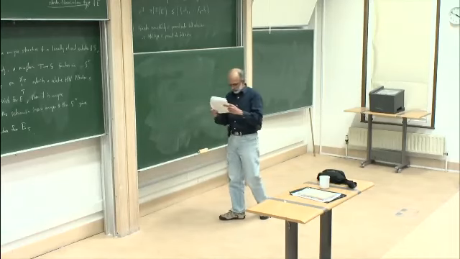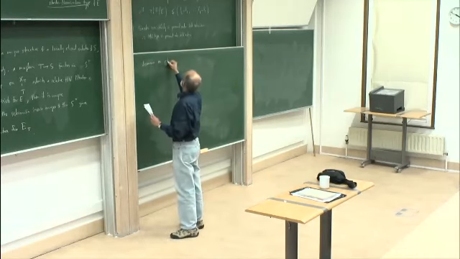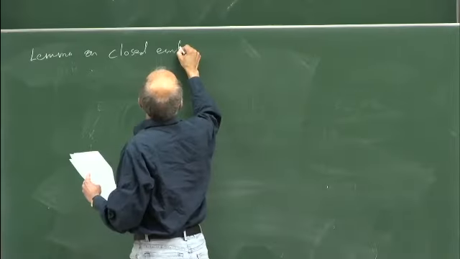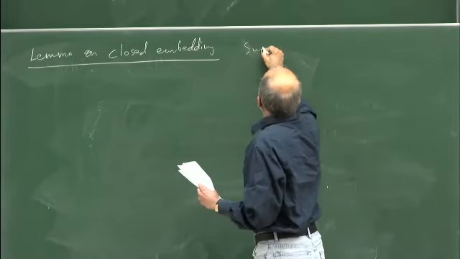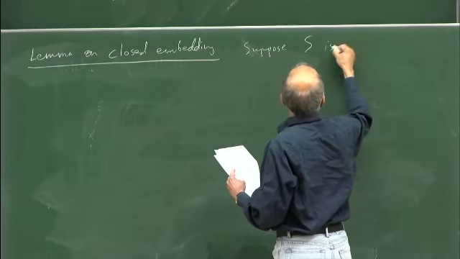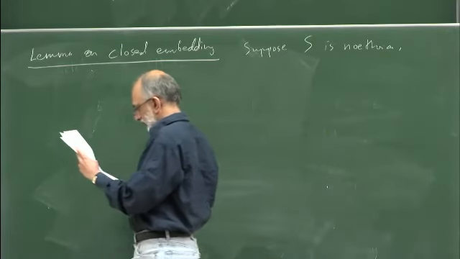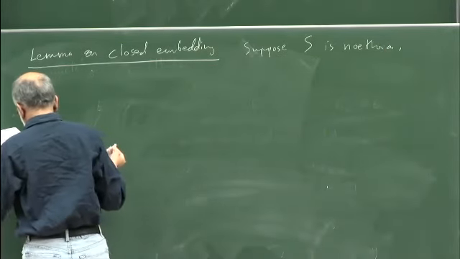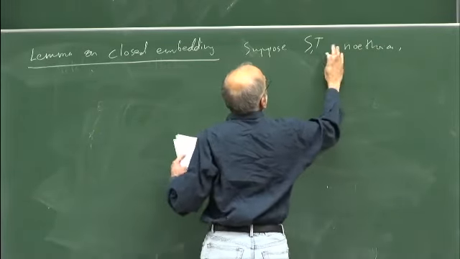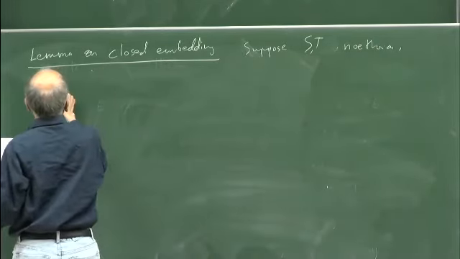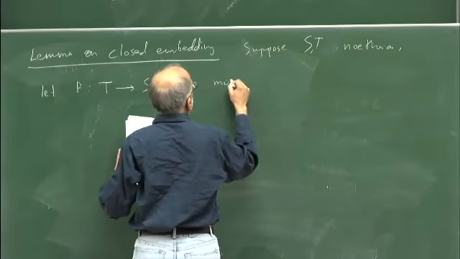So, the lemma is this. Suppose S and T are Noetherian, and let f: T to S be a morphism.